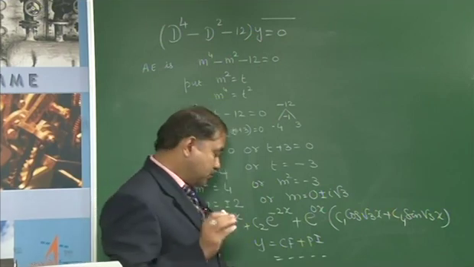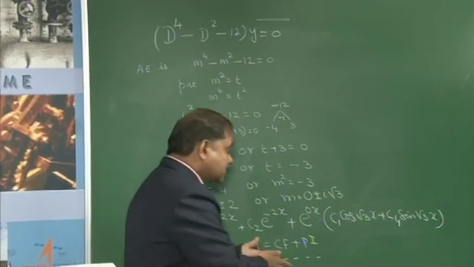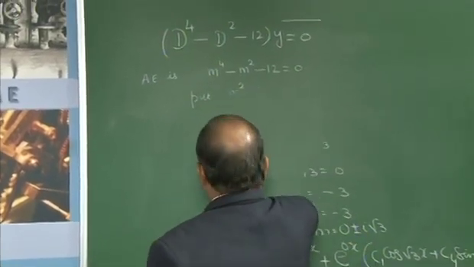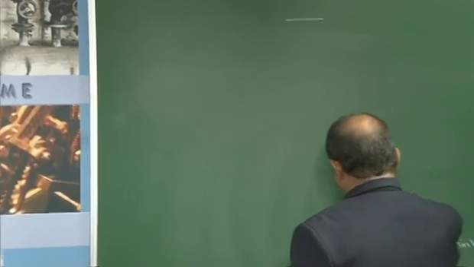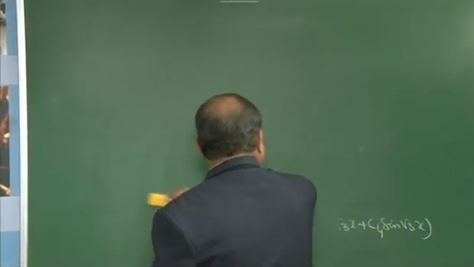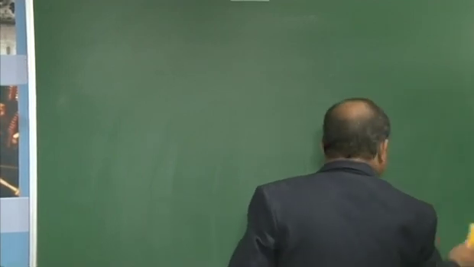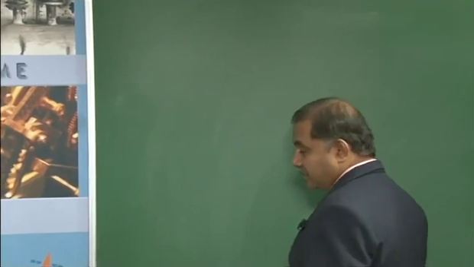I think you are clear now with the complementary functions. What are the 3 kinds of complementary functions? Once again revise it. One is with unequal roots, another one equal roots, thirdly complex roots. There are 3 formulas for unequal roots, equal roots and complex roots.